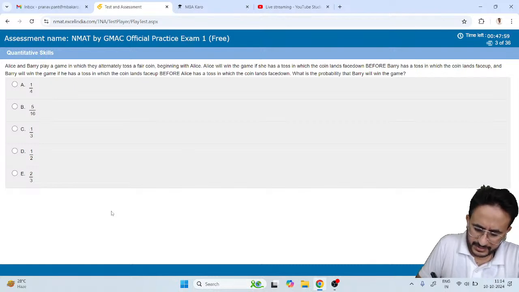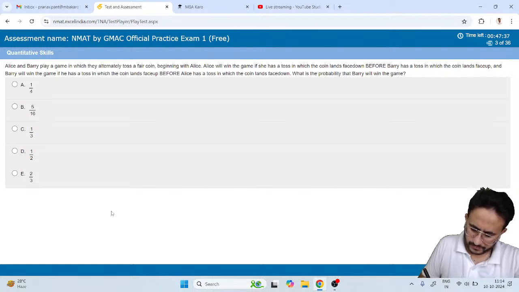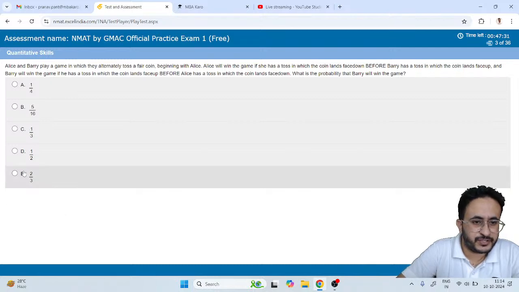Then the next chance would be 1/2 of loss, 1/2, 1/2. So Alice has 2/3 chances of winning. So Barry has 1/3 chance of winning.